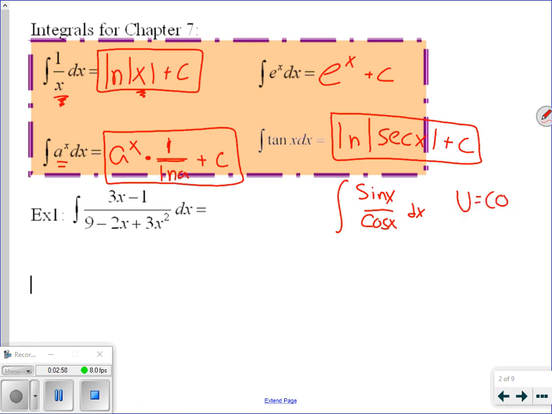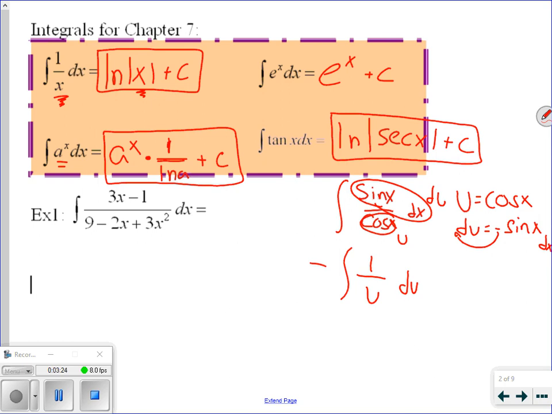If I let u be cosine of x, then du is negative sine of x dx. So the negative comes over. So we got negative integral, and the sine of x dx substitutes out as du, and the cosine of x substitutes out to u. So what I'm left with is 1 over u du.